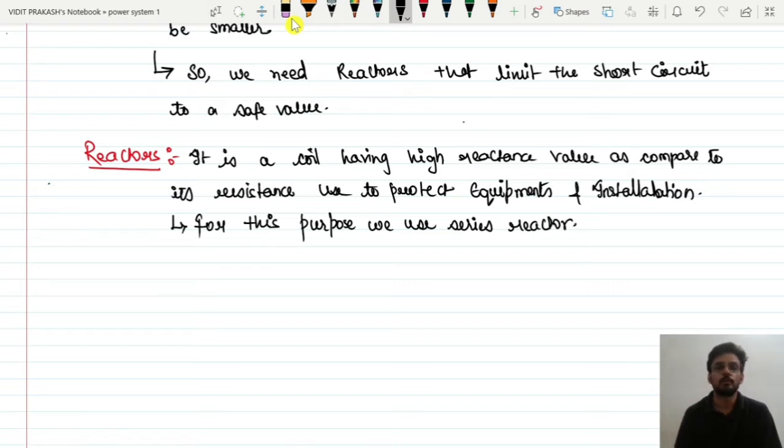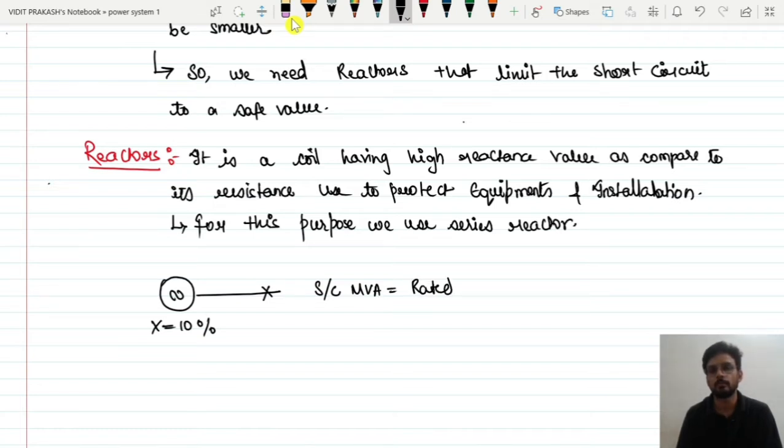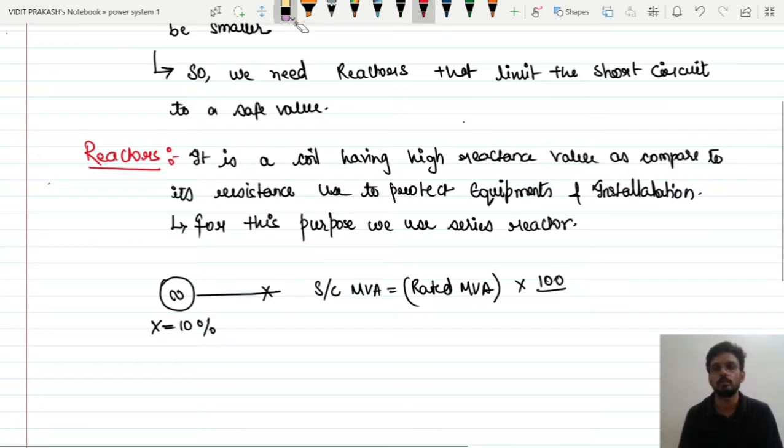Okay, now suppose this is a generator and the percentage reactance of this generator is 10%. Right now we are not using any reactor. So what will be the short circuit MVA value? That will be equal to rated MVA into 100 by percent X. So percent X is 10%.